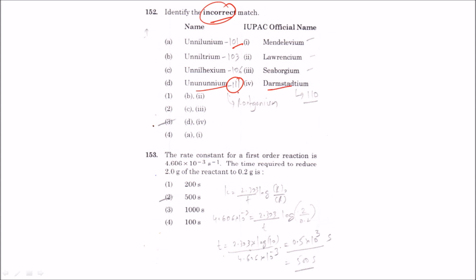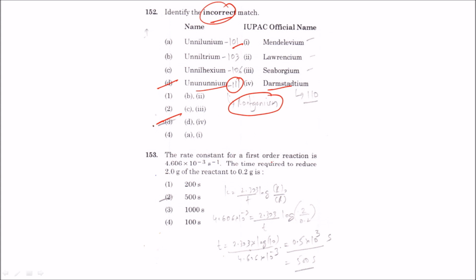But it is 111. It is nothing but roentgenium. So this is not matched correctly. So that's the incorrect one. You can see the options there. It is option 3. That's not matched correctly. Okay, right, next one, 153.